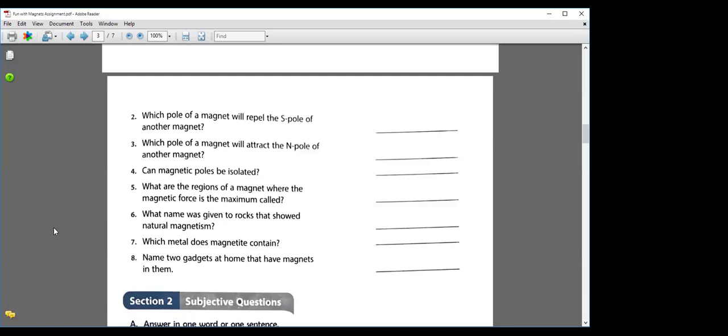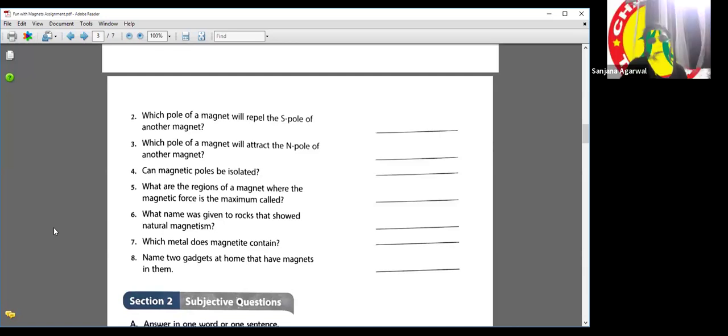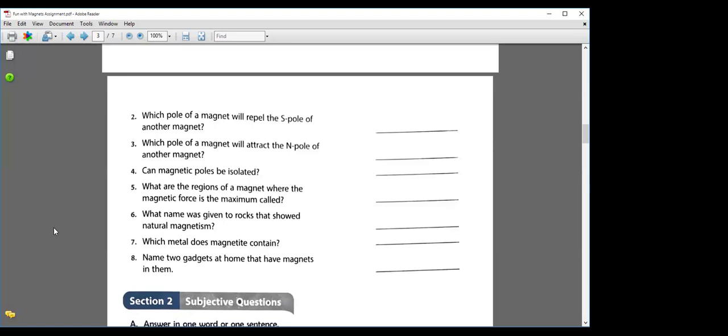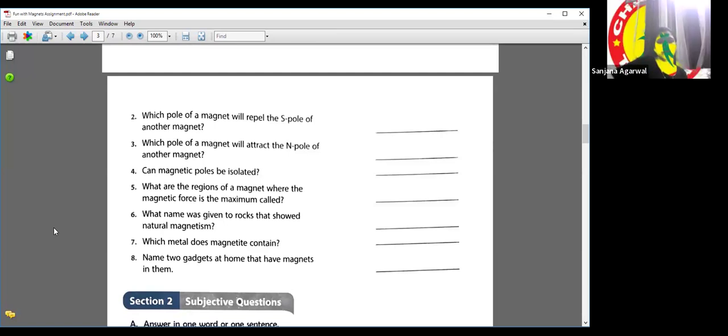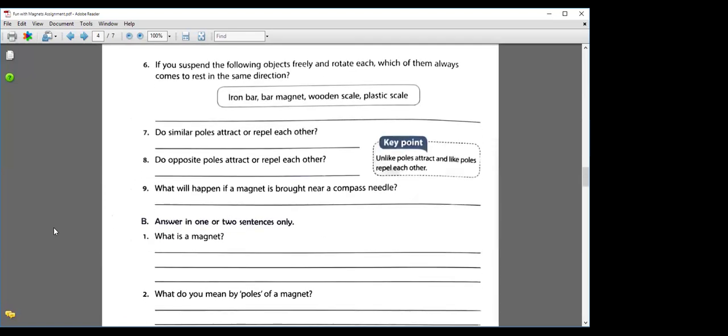Okay, ma'am. What are the regions where the magnetic force is the maximum called? Ma'am, the poles. Correct. What is the name given to the rock that showed natural magnetism? Magnetite.